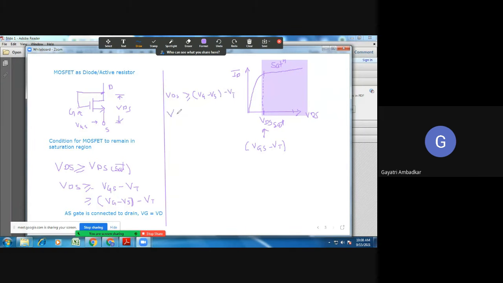Because I have connected gate with the drain, I will say VDS shall be greater than or equal to, so instead of this VG, I will write VD: VD minus VS minus VT.